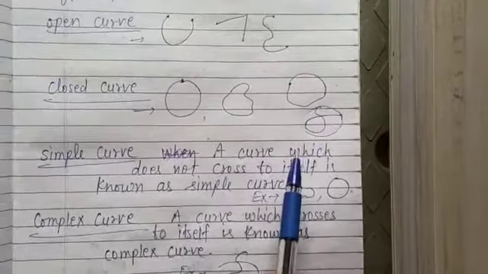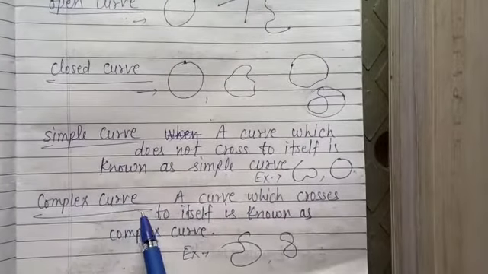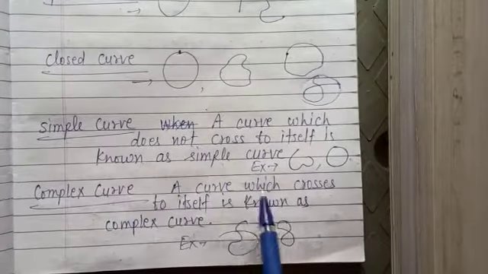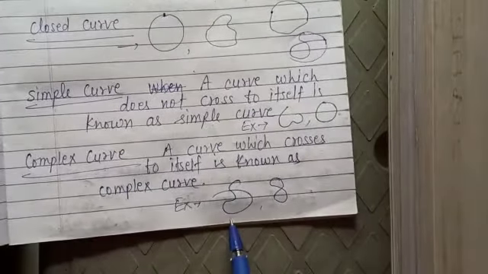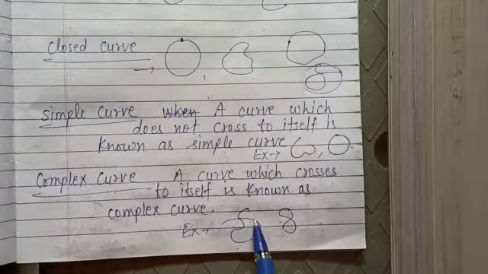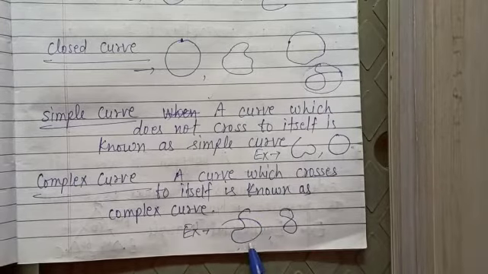So this is the difference between simple curve and complex curve. Simple curve does not cross itself, but complex curve crosses itself. Understood? As you can see here, this curve crosses itself at this point. So this is a complex curve.